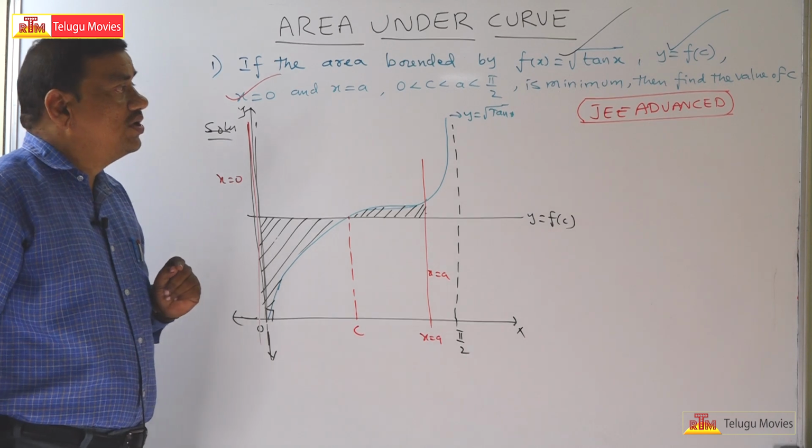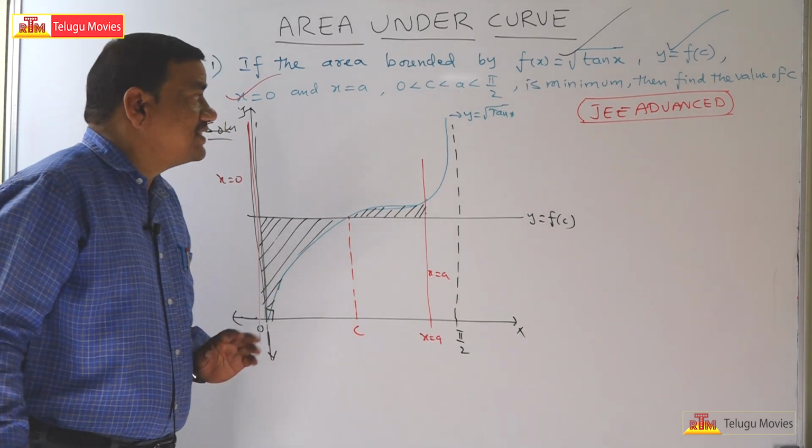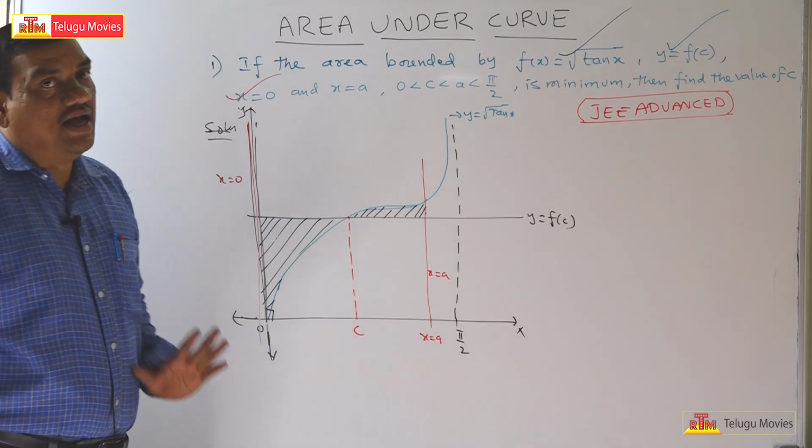Then you have to find the value of c such that the area is the minimum.